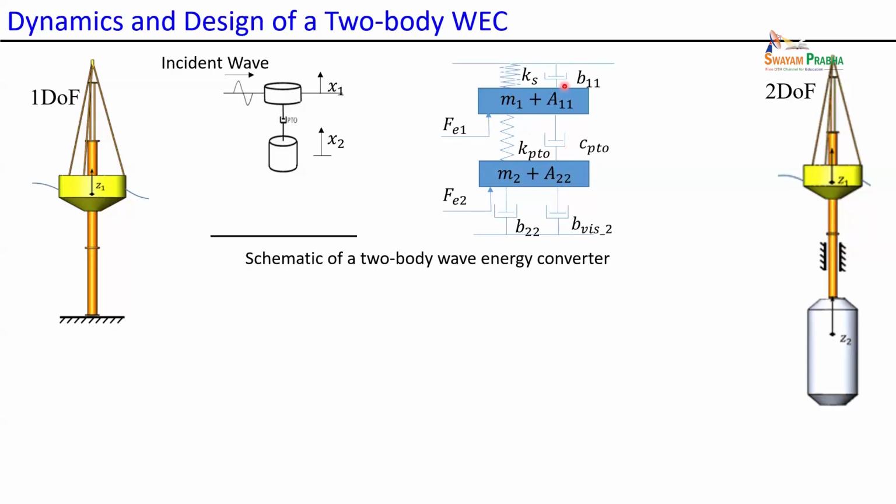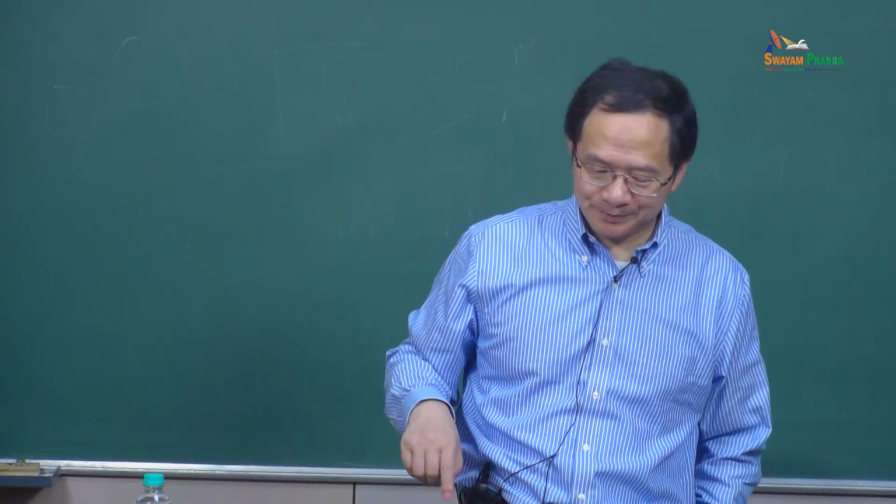The first one may have viscous damping, and the second one may have viscous damping too. Here you may have PTO damping and PTO stiffness, and you may have an excitation force. Depending on how deep, if the wave amplitude becomes smaller, you still have force on the system.